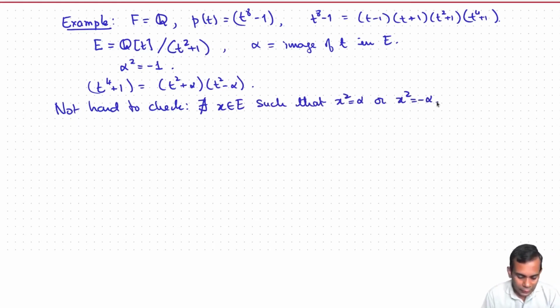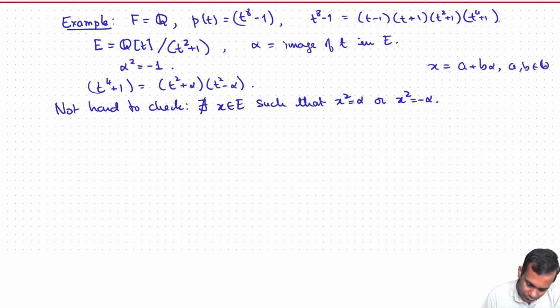To do this, a general element of E is going to be of the form a plus b alpha, where a and b are rational numbers. And so you just write down this equation, x squared equals alpha, and what you'll get is a quadratic equation involving a and b. And using that, you'll be able to show that such a and b rational do not exist. I'll leave that as an exercise to you.